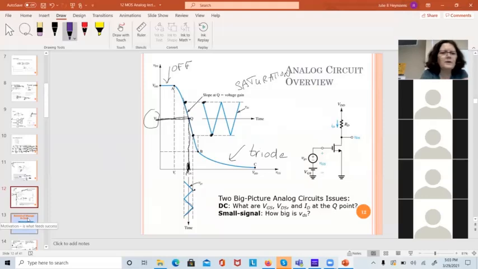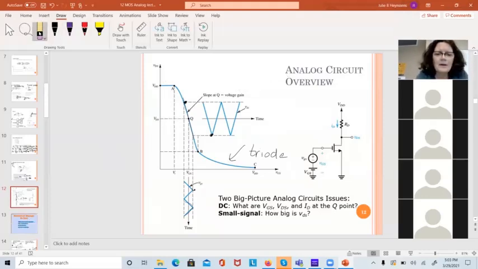So let's just erase all this. If we crank up VGS, I keep the same DC value here, and I make this signal bigger. Let's say I make my VGS so big that it does this. There's my new VGS, something like this.